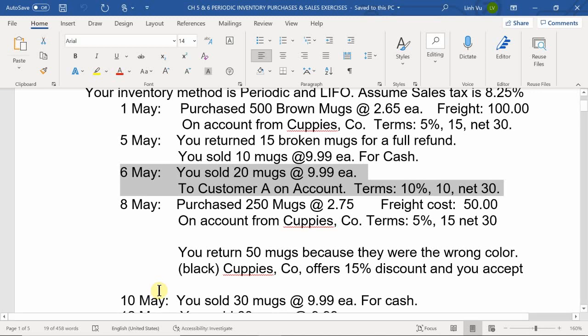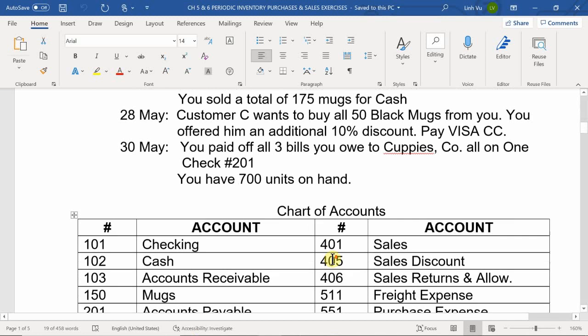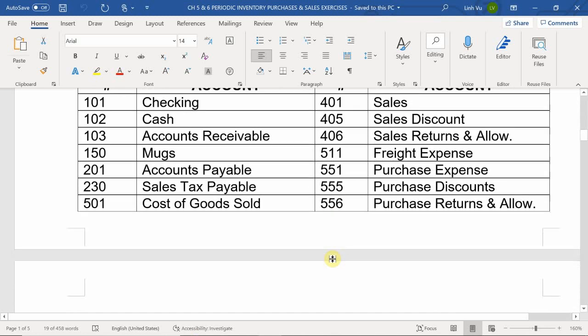So how am I going to journalize this transaction here? Accounts receivable. In the chart of accounts, we have accounts receivable, number 103.